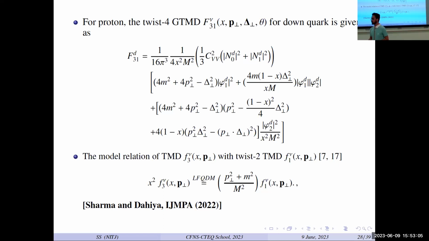At lower twist, it is simple that the quark is unpolarized, longitudinally polarized, and transversely polarized. At high twist, we know that this GTMD corresponds to the unpolarized hadron. But what is the quark polarization? It is not sure. It is a combination of different polarizations, so we can't do Wigner distributions at this twist.